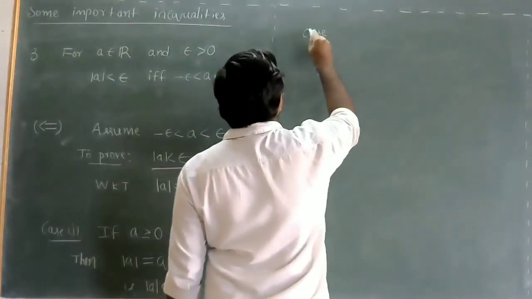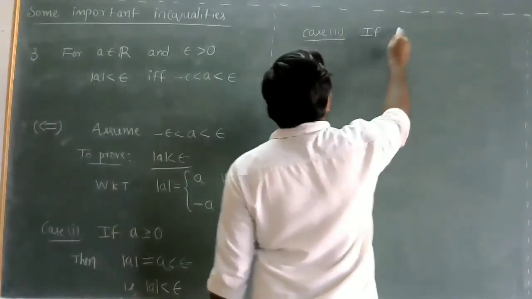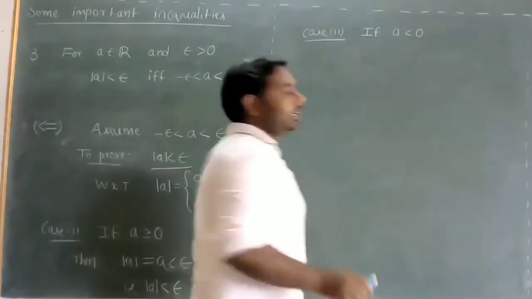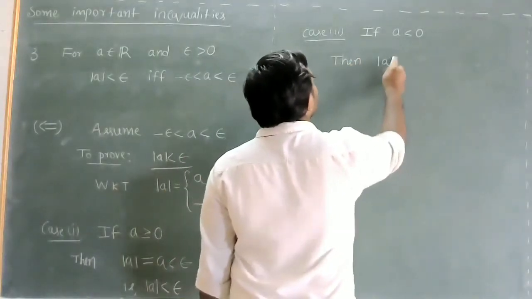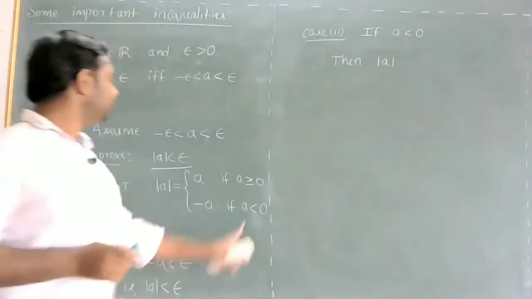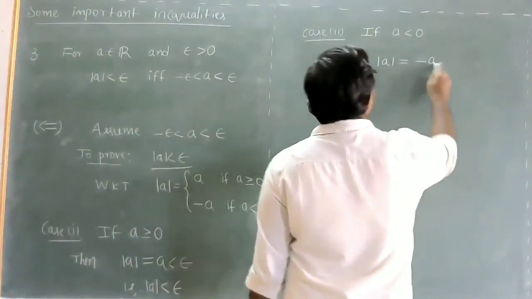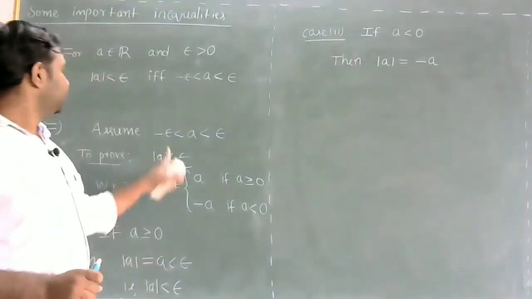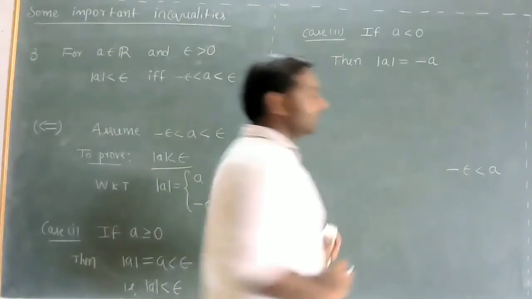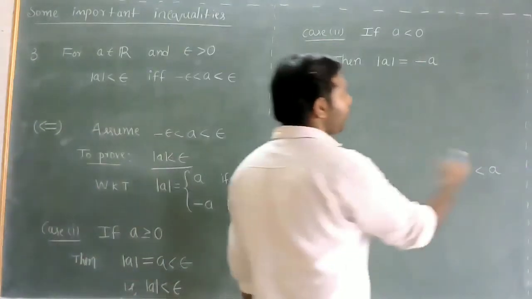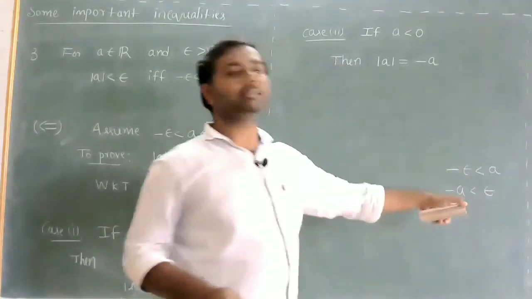case 2, if A is negative, then modulus of A is minus A. So we have minus epsilon is less than A. So minus A will be less than plus epsilon.